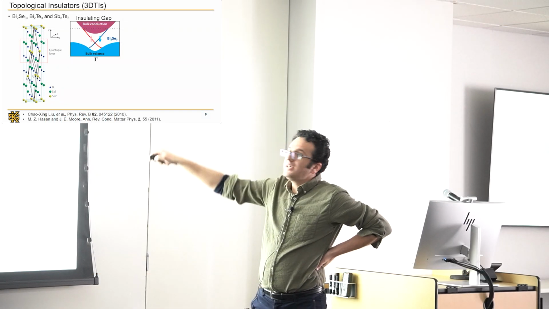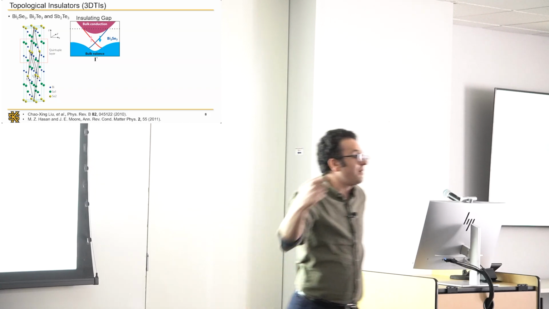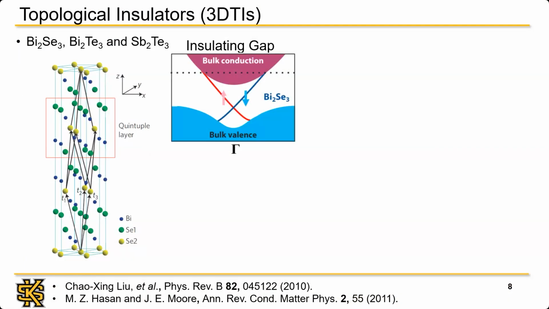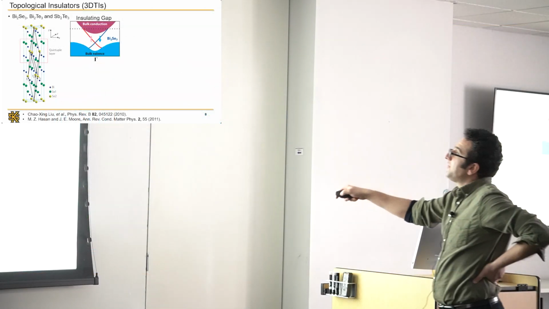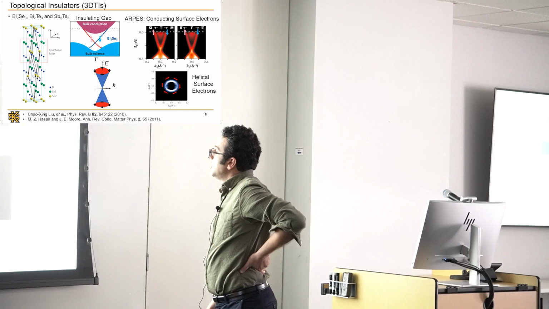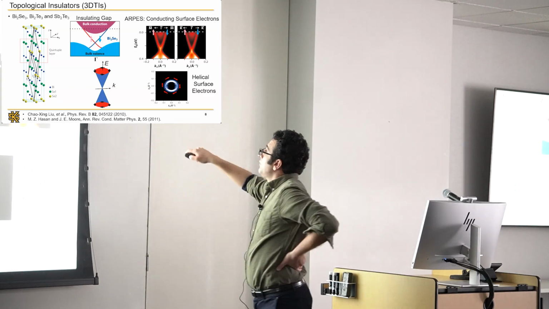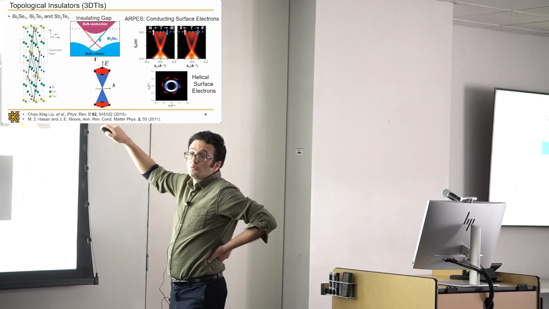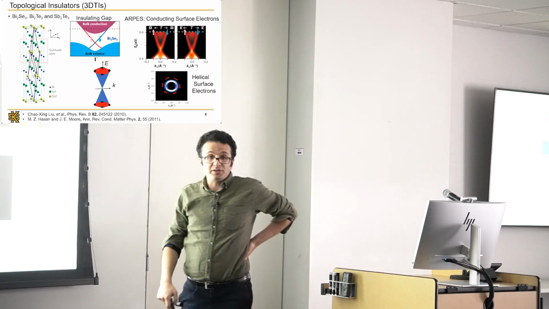As we said, we have the valence and the conduction band, but what we were missing before was that there is a surface state that's a massless state. It's described by a massless Dirac equation, and these states have a definite helicity on the surface of the topological insulator. This was verified through ARPES, which is angle-resolved photoemission spectroscopy.